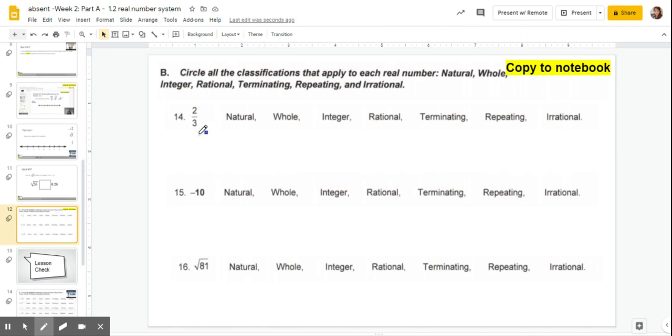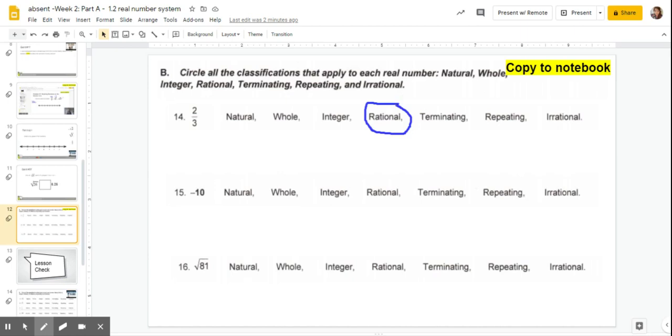Since it's a fraction, we can automatically cancel out natural because natural is just 1, 2, 3, 4, and so on. We can cross out whole because that's 0, 1, 2, 3, 4. An integer is 0, 1, 2, 3, 4, and then the negatives. Since rational means it can be written as a fraction or a ratio, and 2/3 is a fraction, I can assume it's rational.